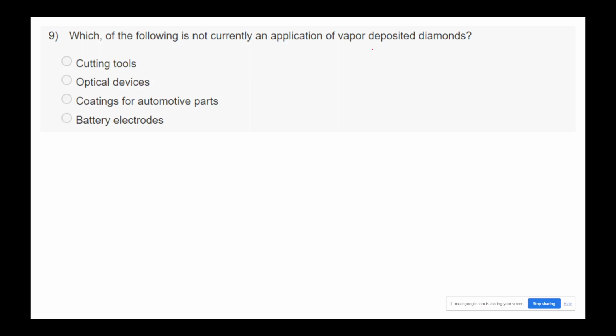Which of the following is not currently an application of vapor deposited diamonds? Basically, we have not seen any vapor deposited diamonds as a battery electrode.